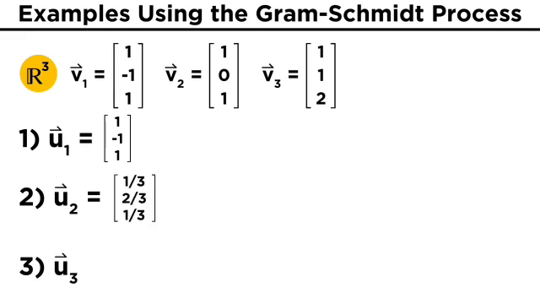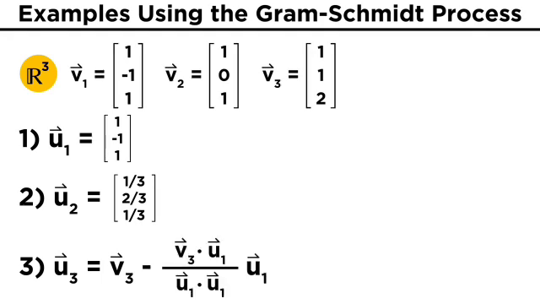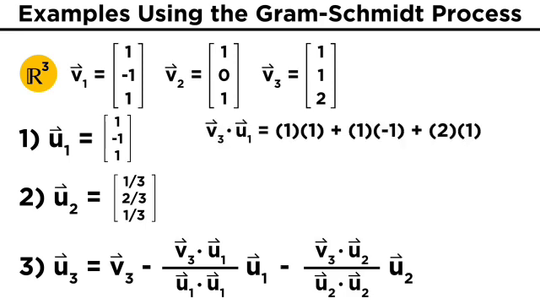Finally, for the third vector, u3, we will take v3 minus v3.u1 over u1.u1 times u1 minus v3.u2 over u2.u2 times u2. Now simplifying, v3.u1 is 1 times 1 plus 1 times negative 1 plus 2 times 1, which is 2.